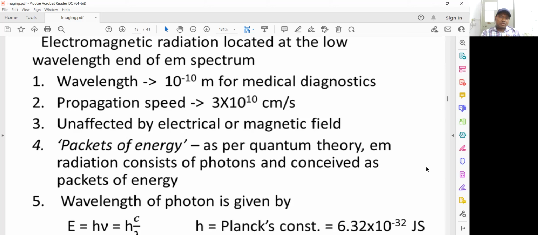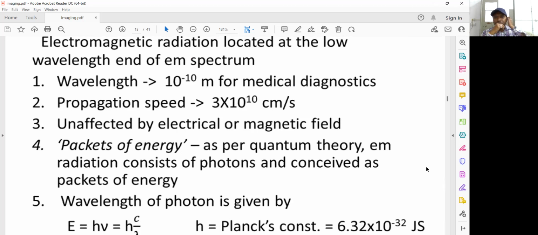Number 3 is that it is unaffected by electrical or magnetic fields. This is a very advantageous point of X-ray, that it cannot be affected by the interference of electrical or magnetic fields. So this obviously has some advantage.